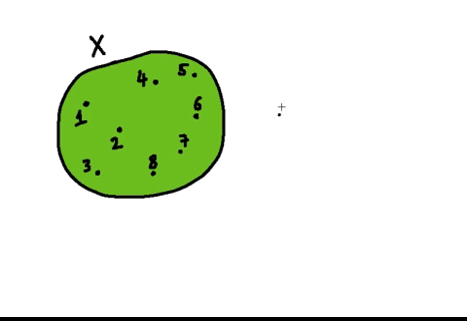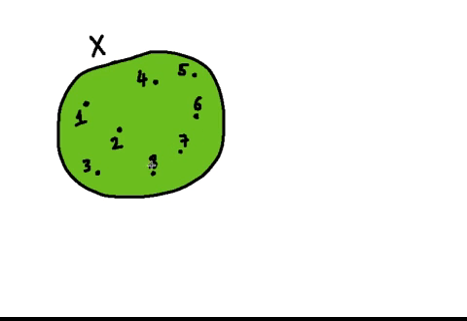An equivalence relation on a set is a relationship that tells us that certain elements are similar or the same or equivalent. In this specific case, we could form an equivalence relation in many different ways, but let's choose one of them.